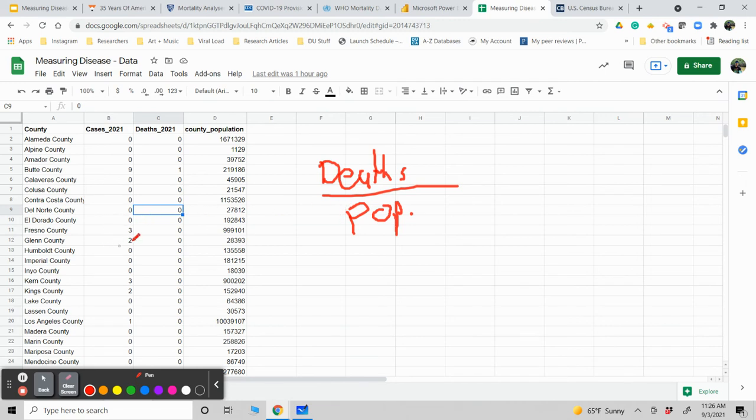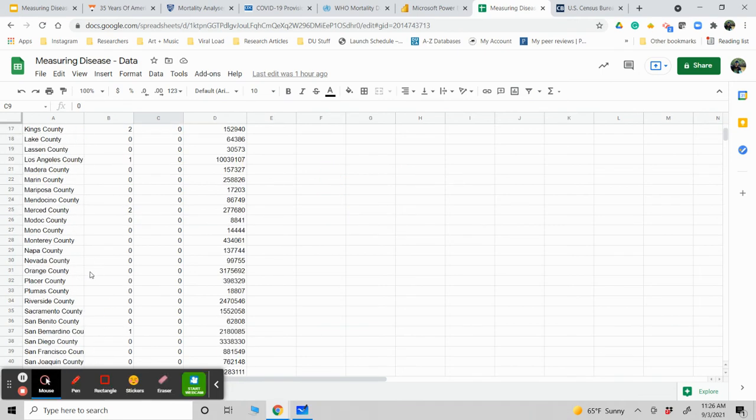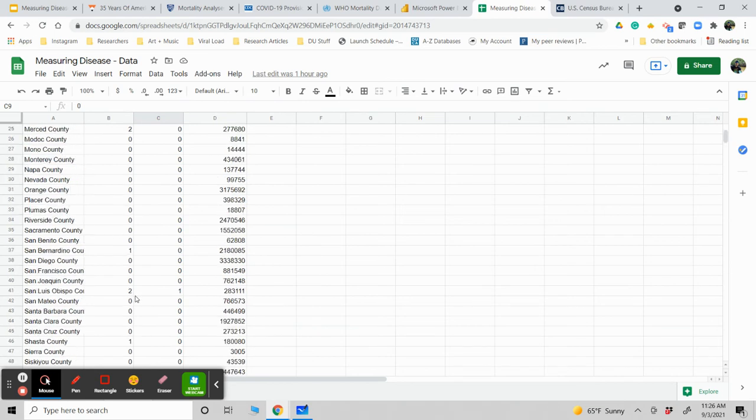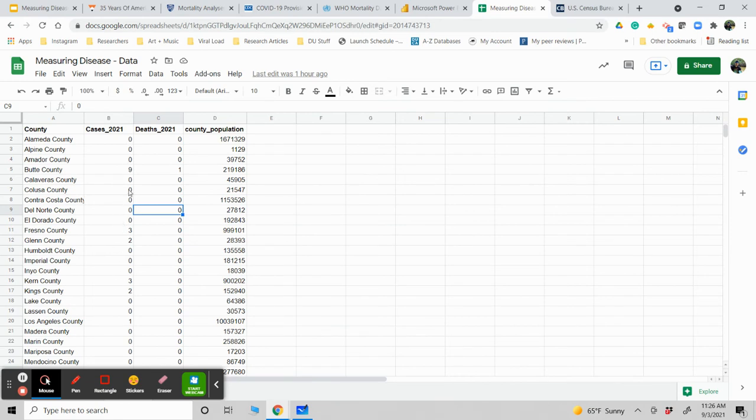Now remember, we can't just compare the number of cases, because as you can see, there are counties with a lot of people, Los Angeles, and there are counties with way fewer people. So if we just compared the number of cases, that would not give us an accurate estimate. So we want to control for that by dividing the number of cases or the number of deaths, depending on which calculation we want to look at, by the size of the population.